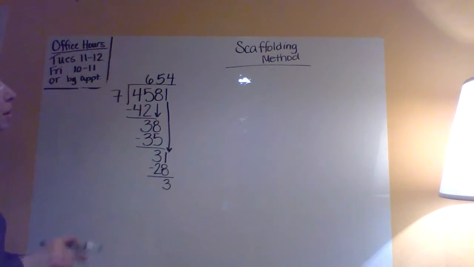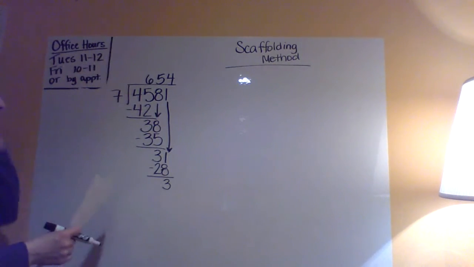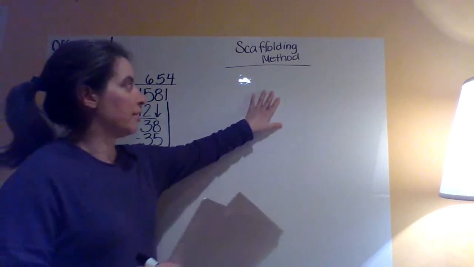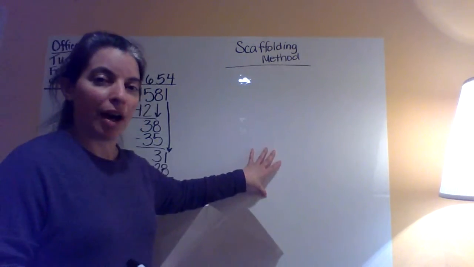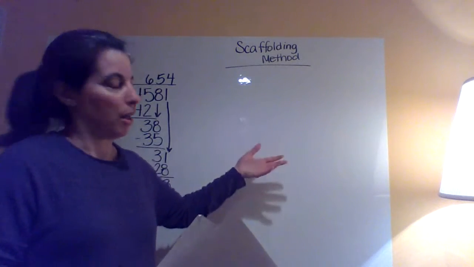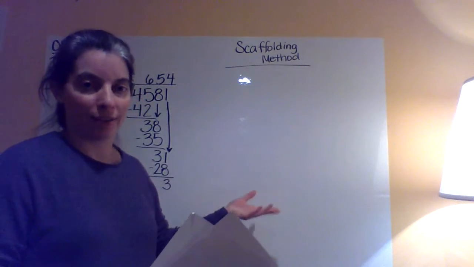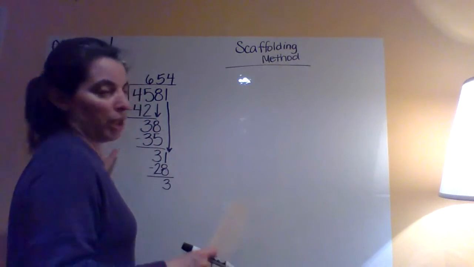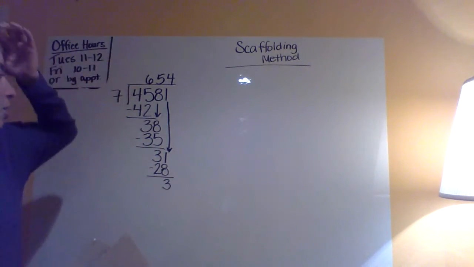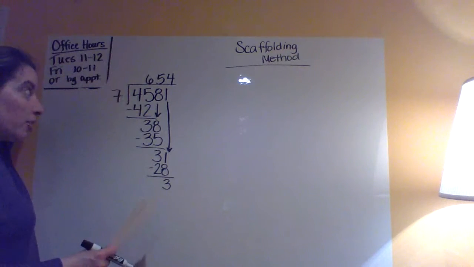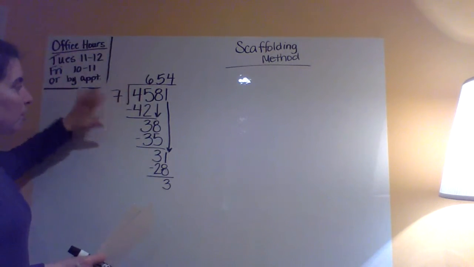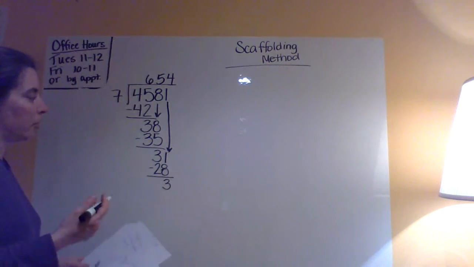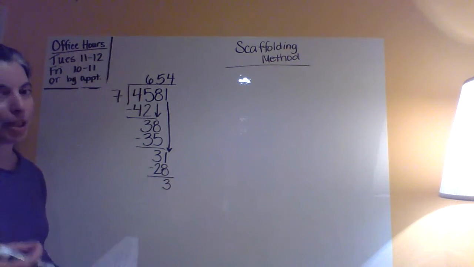Okay. So this new method is called the scaffolding method. And I told the students in the Zoom class today that it's a little tricky to follow. I'm not going to ask you to recreate it, but I just want you to see it and be aware of it and what the pro is versus this way. So when we are doing the standard division algorithm, just like with the standard multiplication algorithm, sometimes the trouble can be that we're not really thinking about the place values.